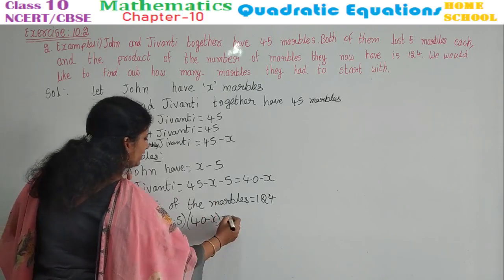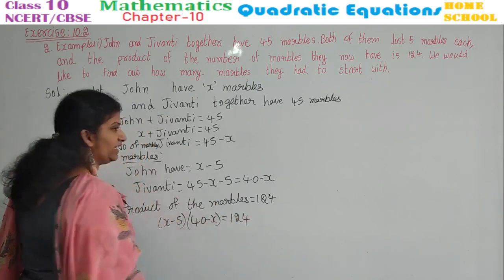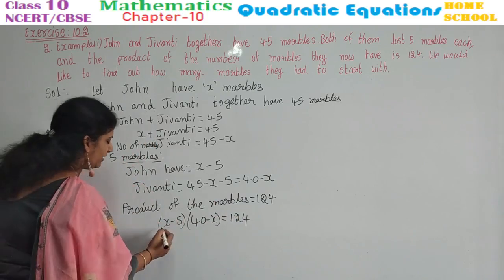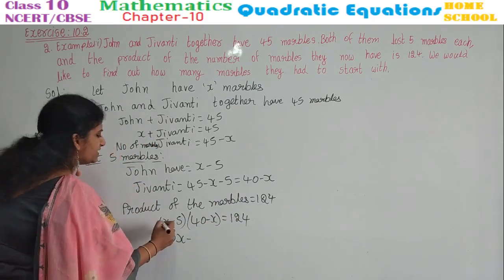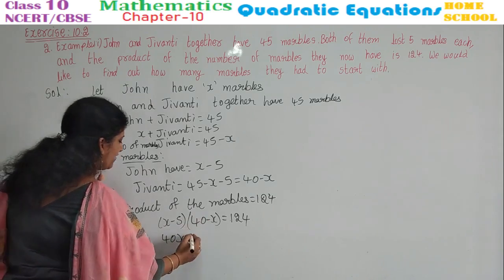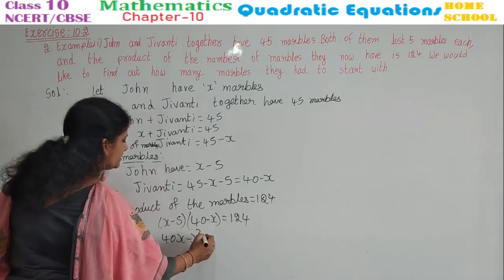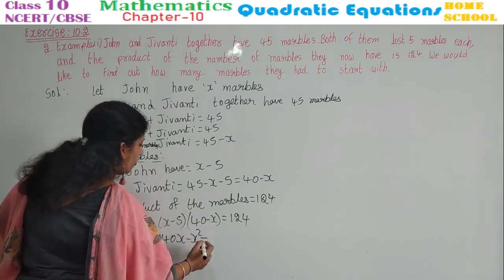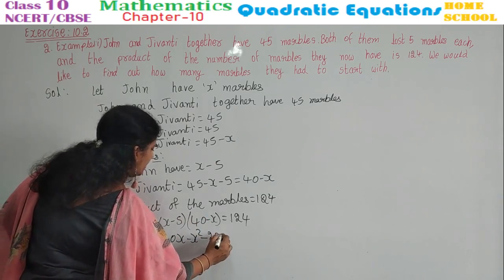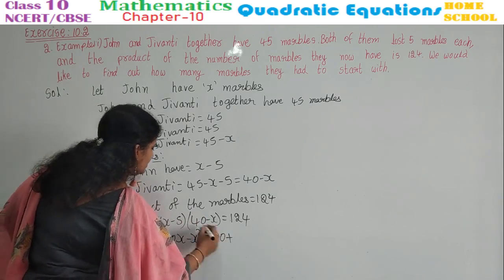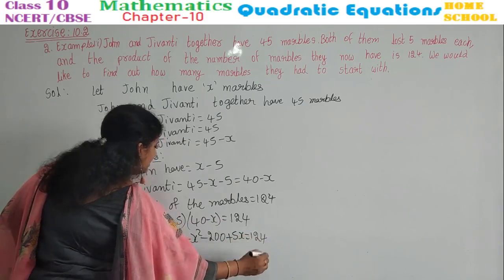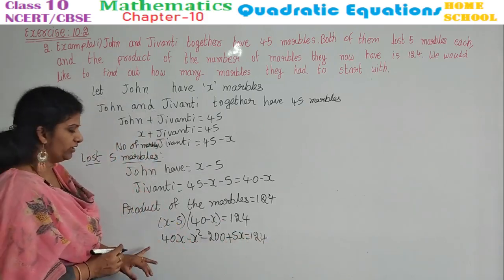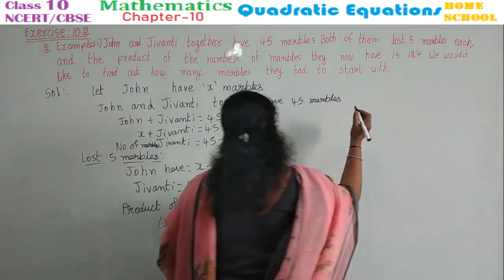If you do product, that equal to 124. Do the multiplication. x into 40, 40x. Plus into minus, minus x into x, x square. Minus into plus, minus 5 40s are 200. Minus into minus plus 5 into x, 5x is equal to 124.